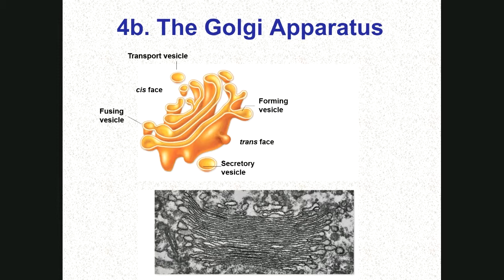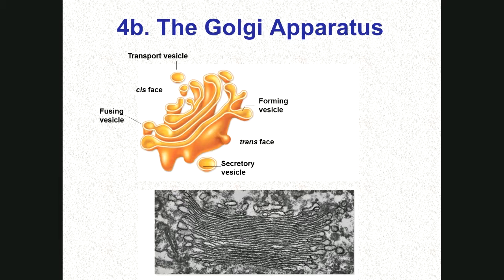They will become mature proteins, mature lipids, and then it will send them out the other face, which is the trans face. And they go wherever the cell needs them. If the plasma membrane needs a protein, well, it goes to the plasma membrane. If some other organelle, a lysosome for example, needs a protein, it goes to the lysosome. Okay? So this is why we call the Golgi apparatus like a post office.